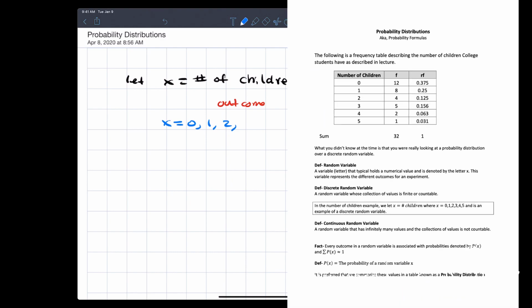Now, if you guys look at this table here, I want to ask you, let's think about this. Let's be logical. Where do we stop? If X is the number of children, look at that first column here. Where do we stop? Do we stop at 10? Do we stop at 11? For this example, where do we happen to stop? Can you guys read that and see that? So let's ask you.